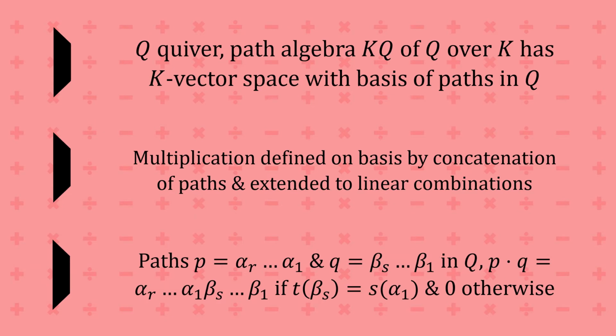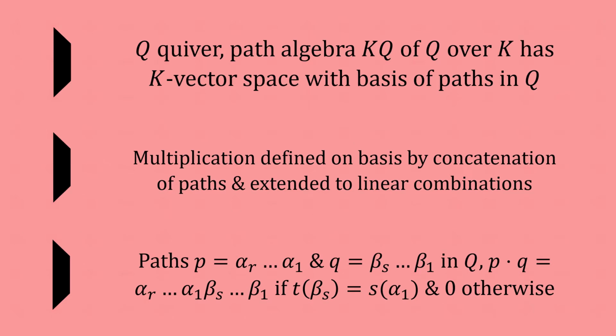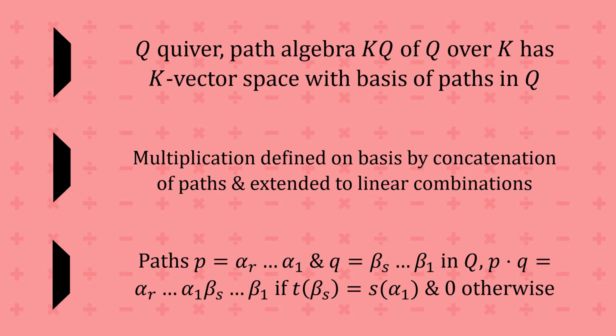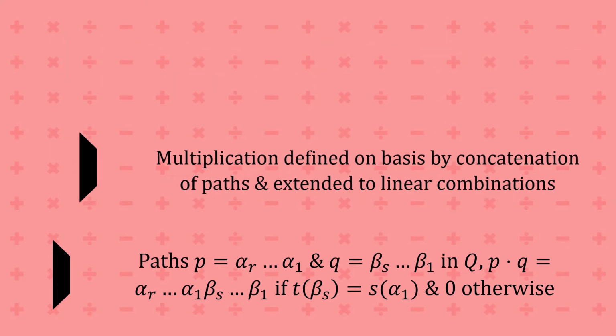More precisely, for the paths p equal to alpha 1 to alpha r and q equal to beta 1 to beta s in Q, we have p times q is equal to beta 1 to beta s to alpha 1 to alpha r if T of beta s is equal to S of alpha 1, and 0 otherwise.